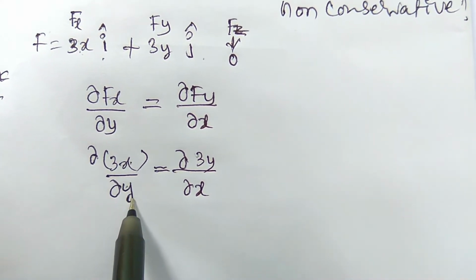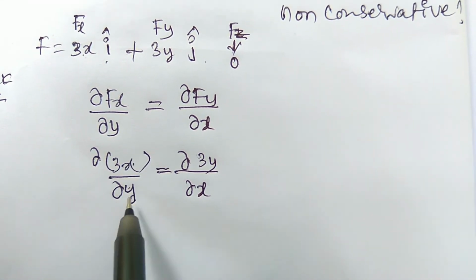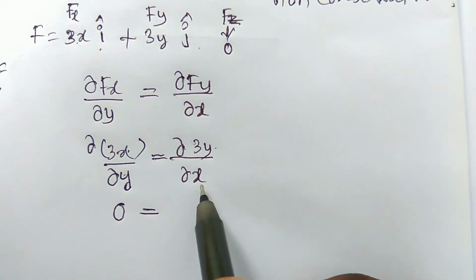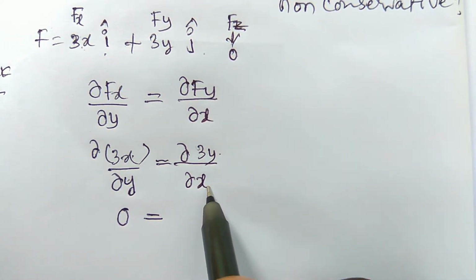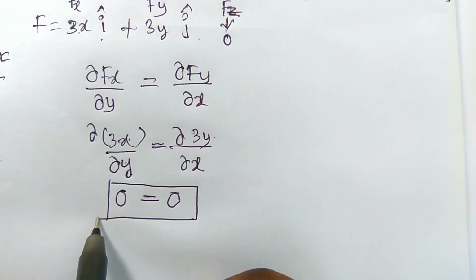The x factor will not be differentiated by the y factor, so that is 0. Similarly the y factor does not differentiate by the x factor, that is 0. Here 0 is equal to 0.